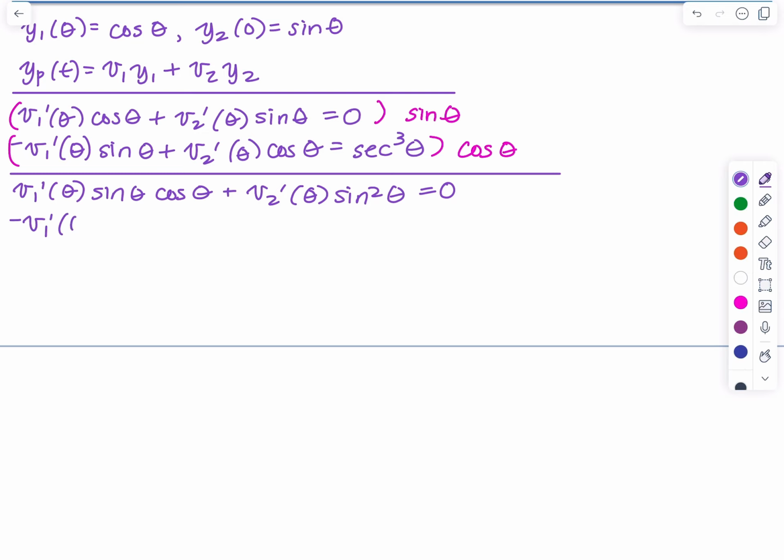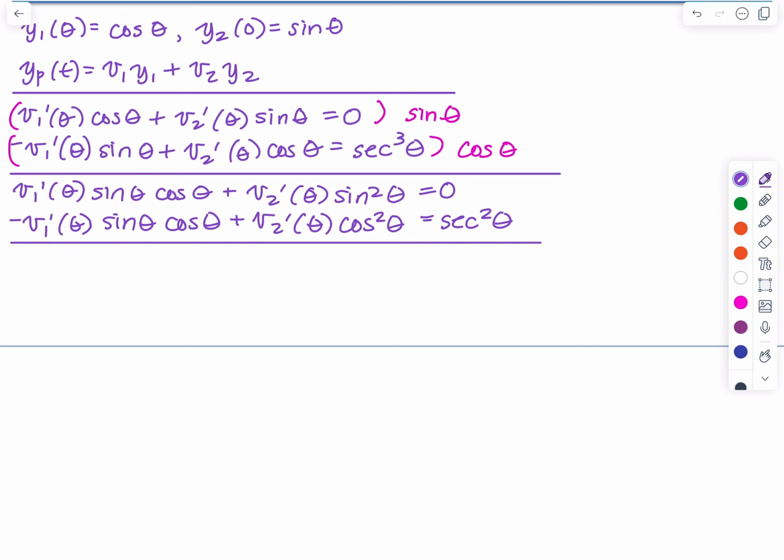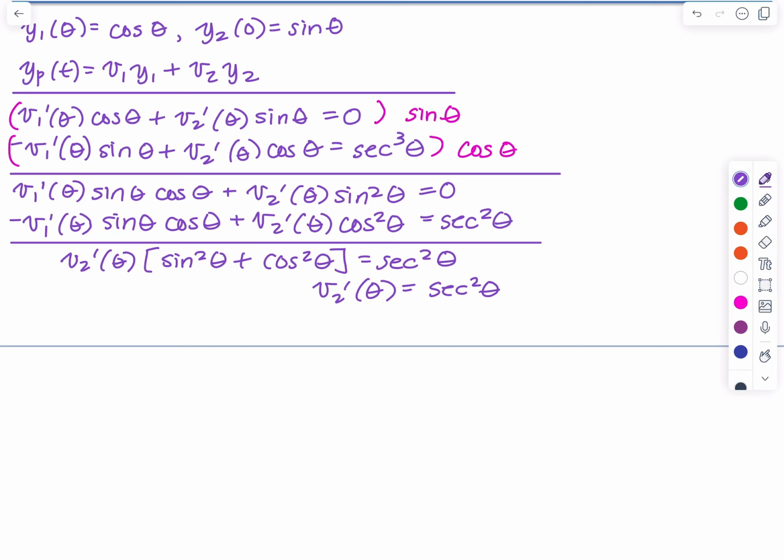That's our terms that are going to cancel when we add them together, plus v2 prime of theta cosine squared theta is equal to, and now we'll have the secant squared of theta. So adding these together, as you can see, we will have v2 prime of theta multiplied by the sine squared theta plus cosine squared theta is equal to the secant squared theta. And you can see that v2 prime of theta is equal to the secant squared theta.